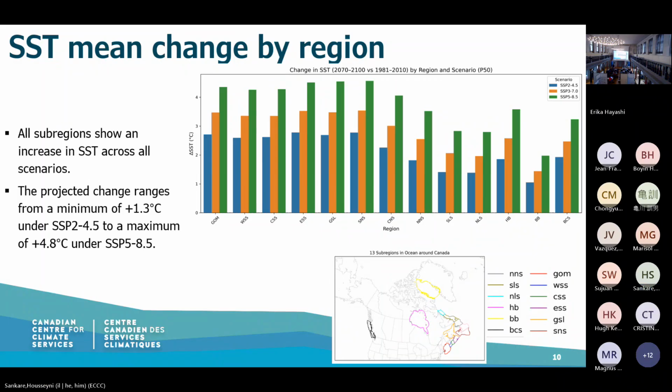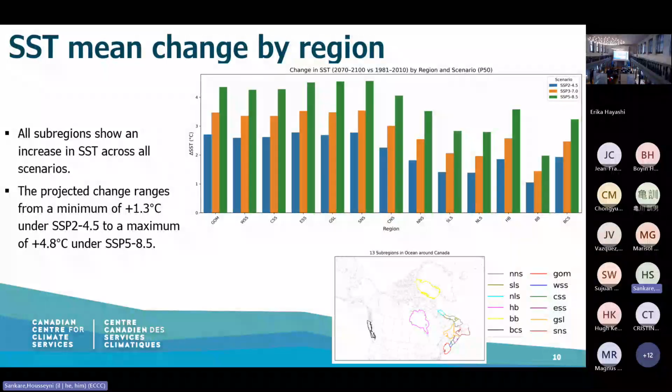Again, it is for our 13 ocean subregions across Canada, but here I didn't show all SSPs, just three, because the change is small for SSP2.6.